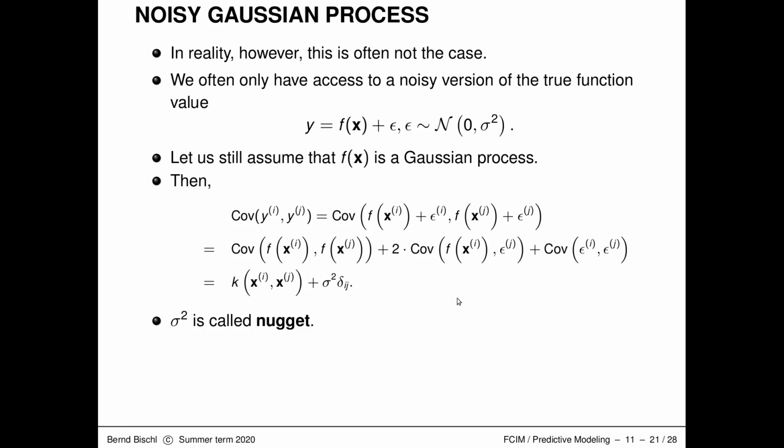These two facts we can simply abbreviate by using the Kronecker delta symbol, which is exactly 1 if i and j are the same, and 0 otherwise. So we can now derive that the covariance between these two outcomes can still be written as our kernel function k on the ith and jth location, but we have to add sigma squared times the Kronecker delta. The sigma squared term we'll now, for historical reasons, call a nugget.